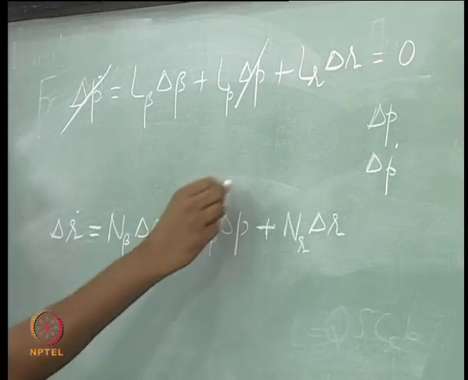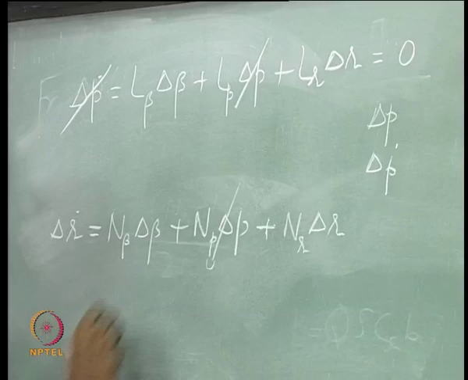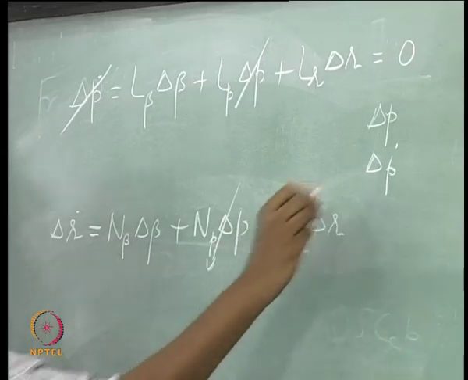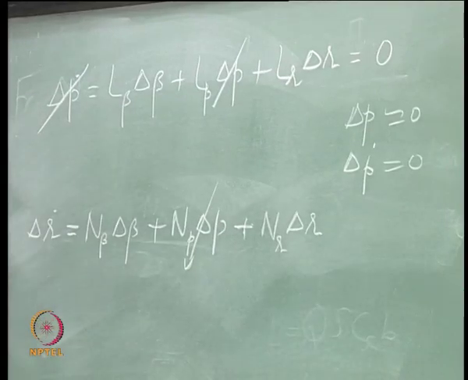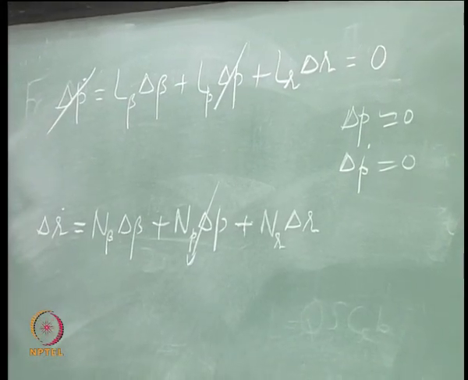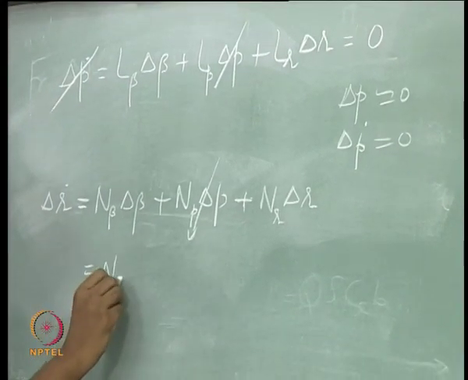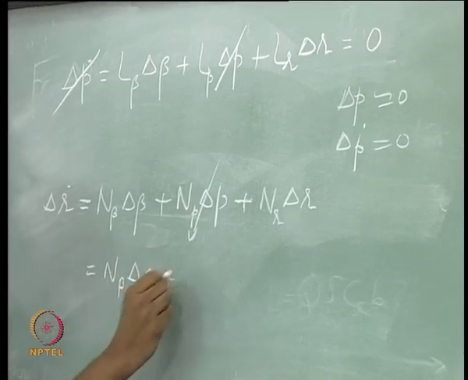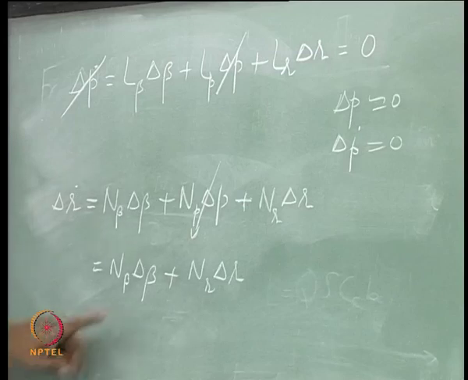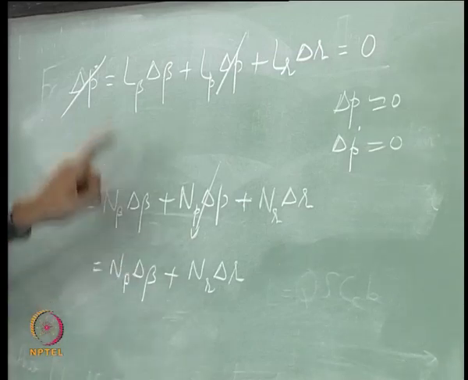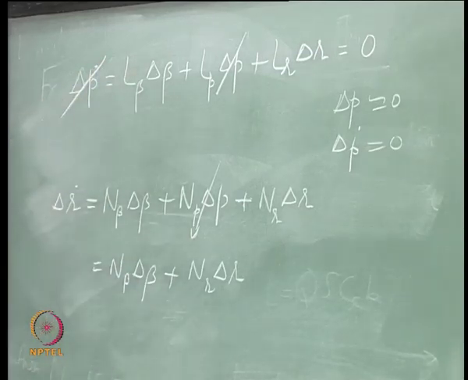So, this you can drop because delta p is zero, and find out this delta beta from this equation.